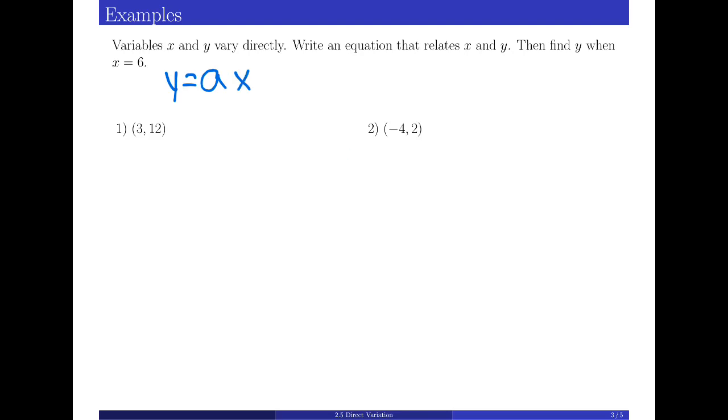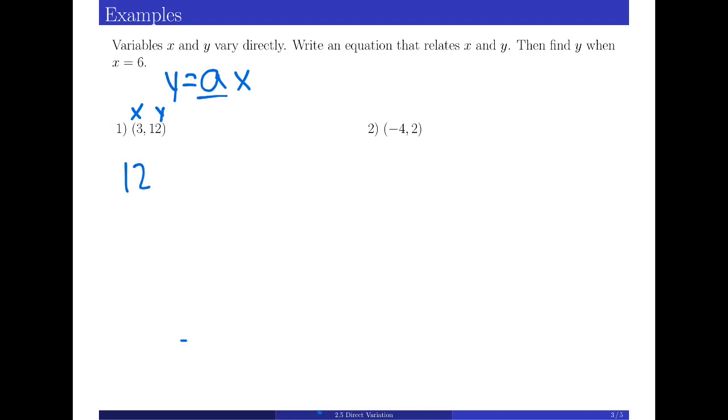It wants us to write an equation that relates x and y, and then find y for a given value of x. In the first one, the variables x and y vary directly, and we know that when x is 3, y is 12. We can use that to find a, because we don't know what the constant of variation is yet.